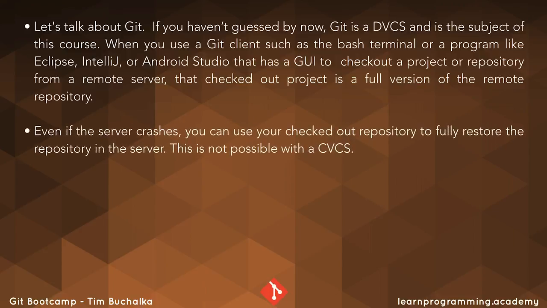So even in the event that the server crashes, you can still use your checked out repository to fully restore the repository on the server once it's fixed. And that isn't possible using a centralized version control system.